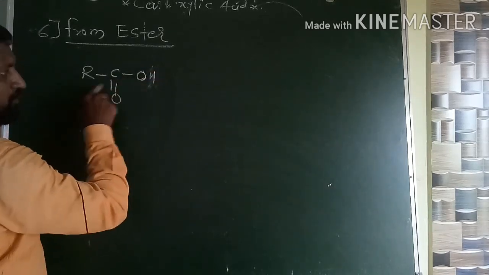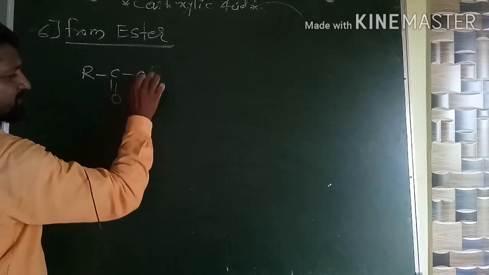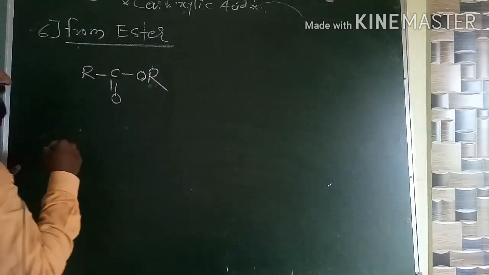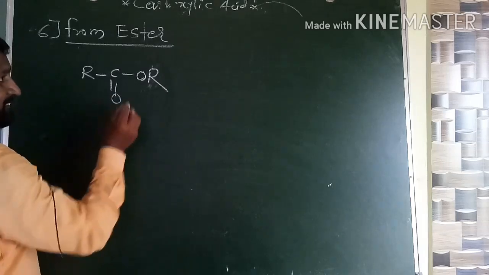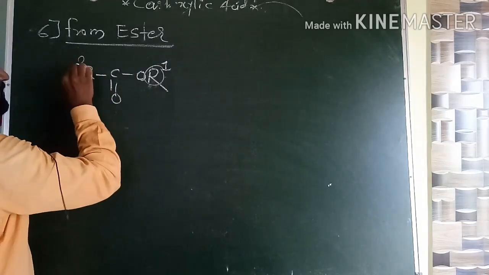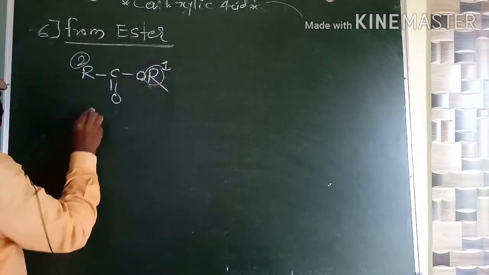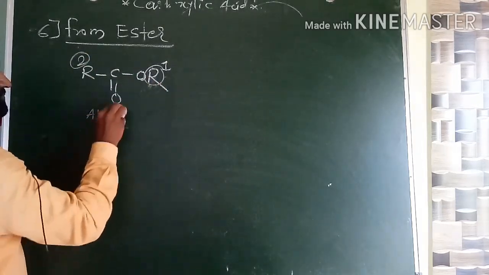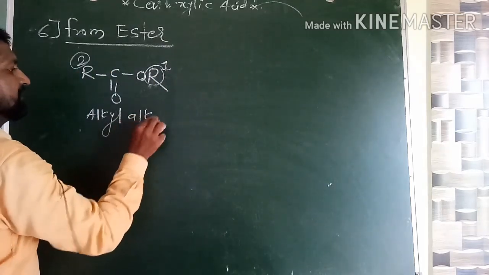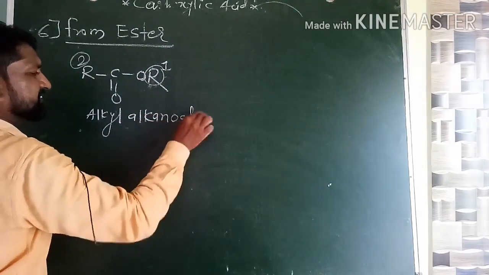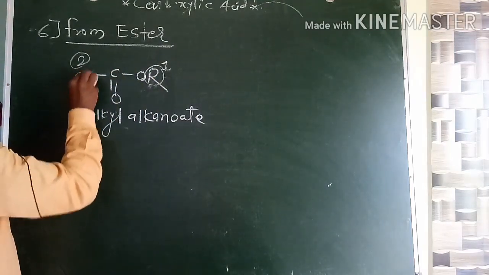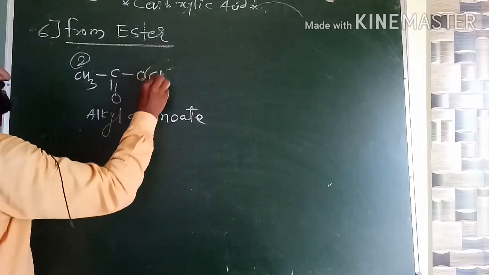Previously it was H, carboxylic acid, no? If we replace this hydrogen with R, it will become what? Ester. How to write the name of this? Okay. First write the name of this alkyl group here. Number 1. Later on, number 2. Alkyl. Alkyl. According to name, alkyl alkanoate ester.